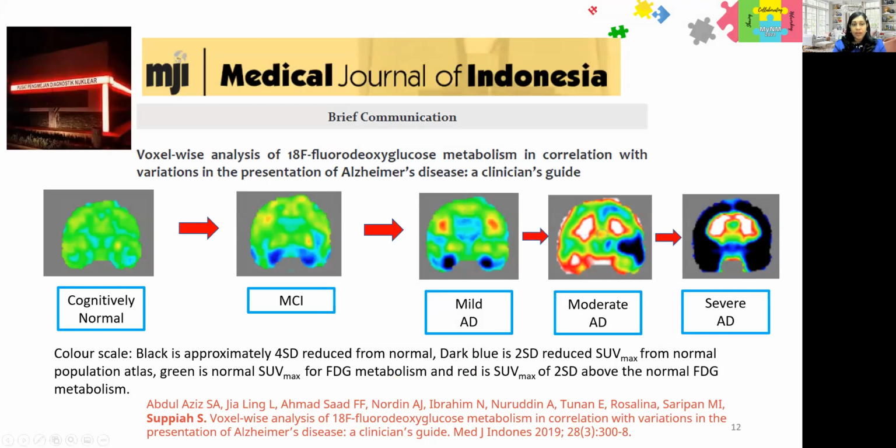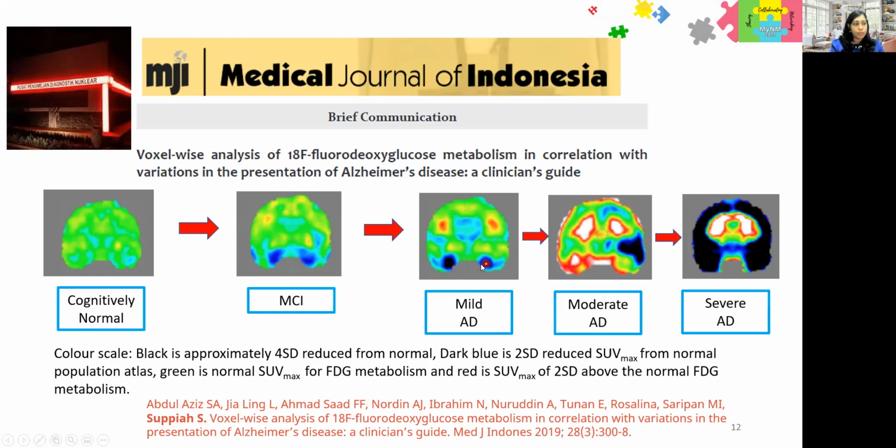These are surface projections of cortical FDG metabolism, with the green color coding indicating normal FDG metabolism in a cognitively normal elderly patient. And the black color coding is approximately 4 standard deviations from the normal FDG metabolism in the brain.